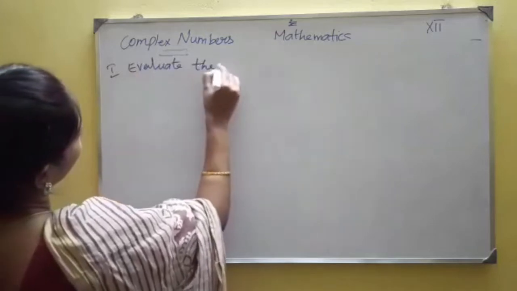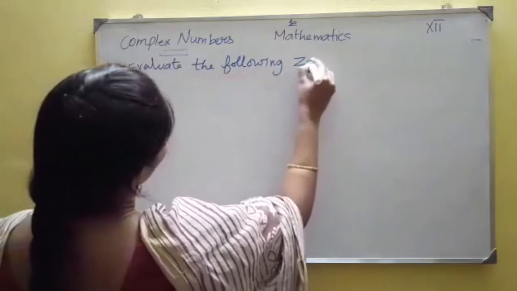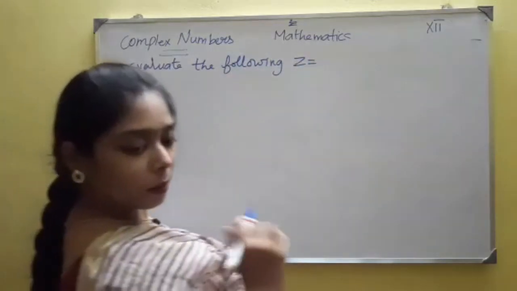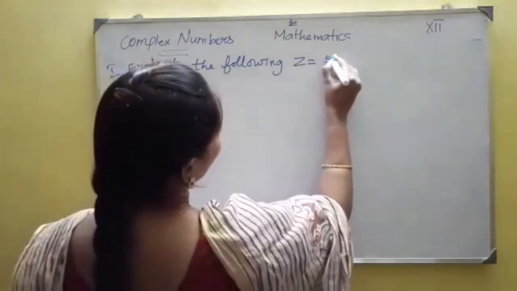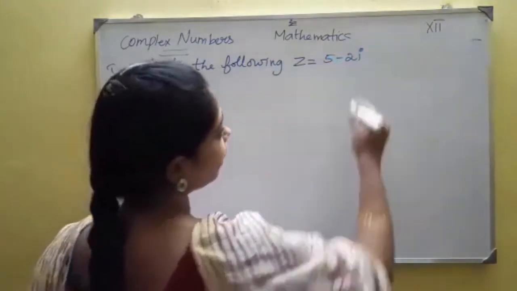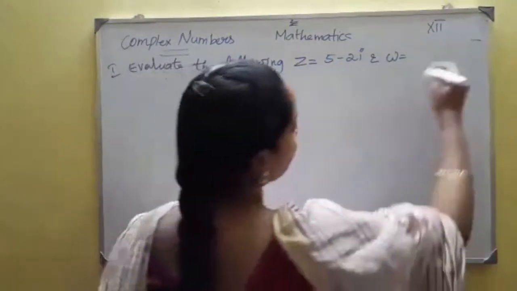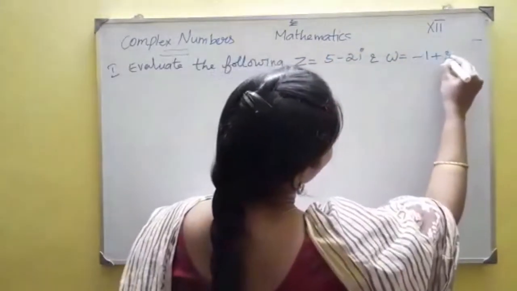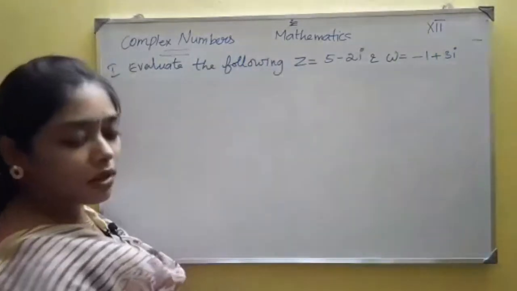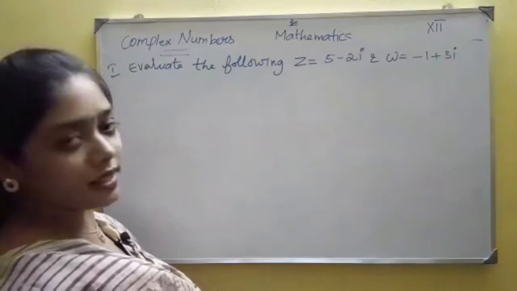Evaluate the following. One complex number is given to you, z equal to 5 minus 2i, and w is equal to minus 1 plus 3i.